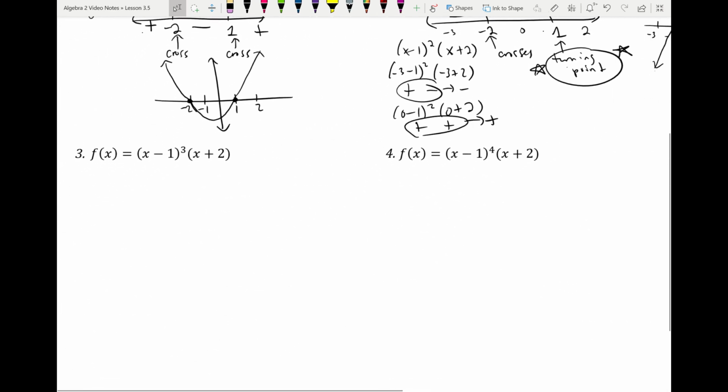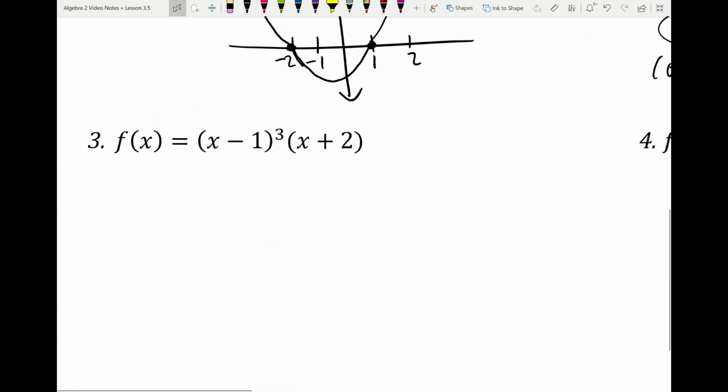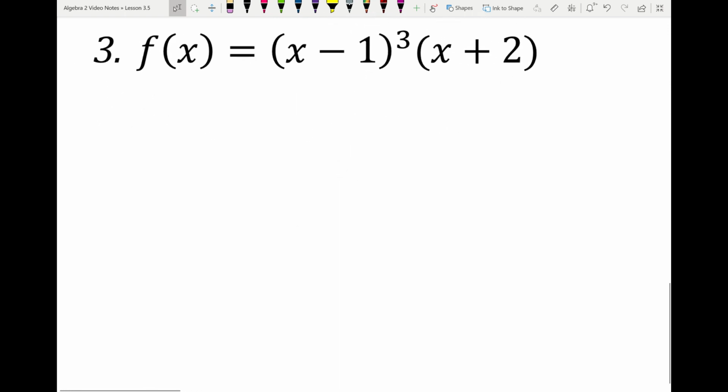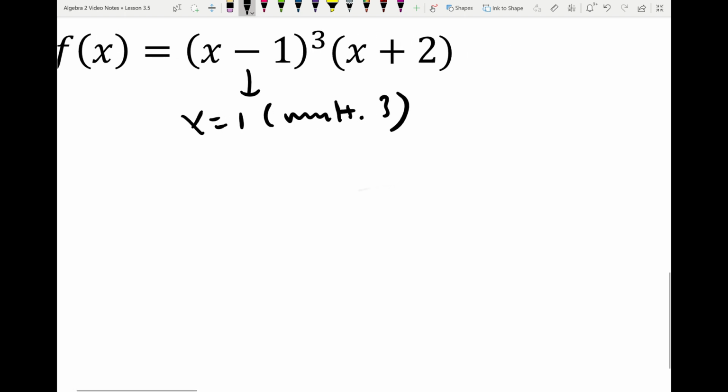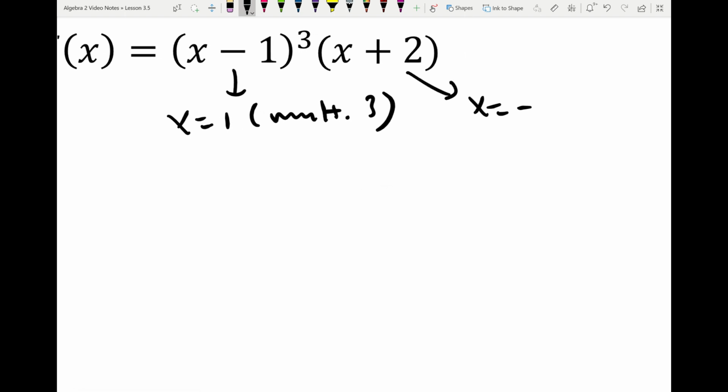All right, so number 3, I'm going to quickly go through this. So we have x is equal to 1, multiplicity 3. This is x is equal to -2, multiplicity 1. So it's going to cross. It's going to cross.